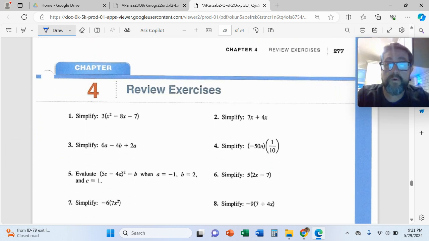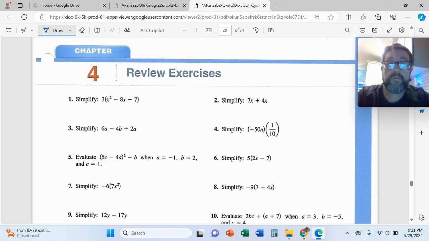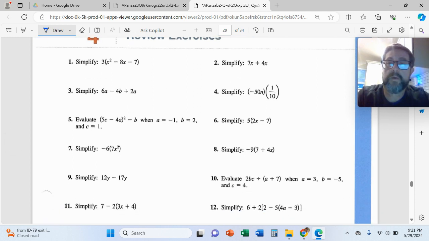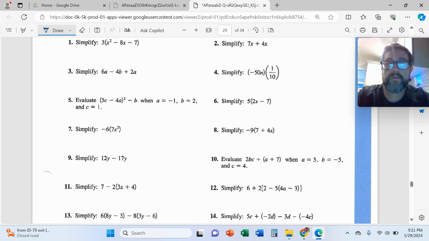Okay, review and exercises. I'm not going to go over all these because I'm getting tired. This is review over chapter 4. Our next chapter is chapter 5, and we will be doing equations, which means we will be finding out the answer.